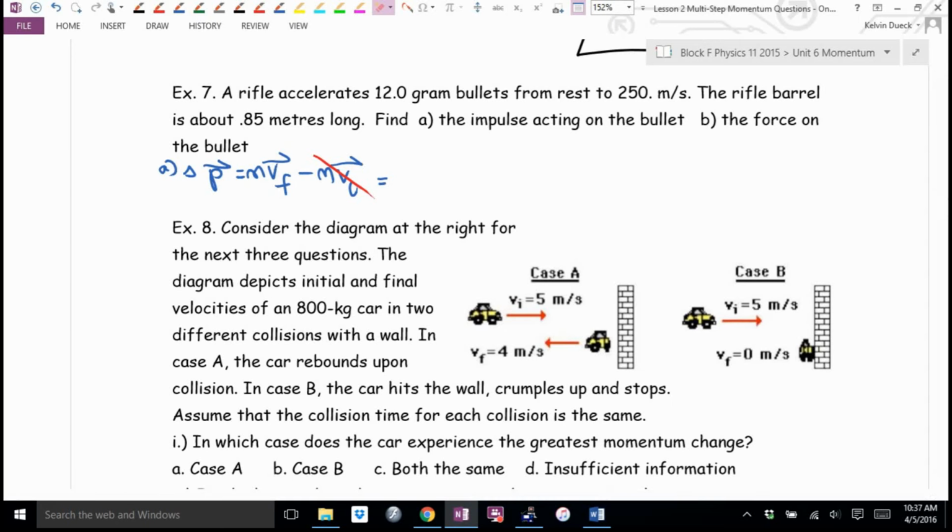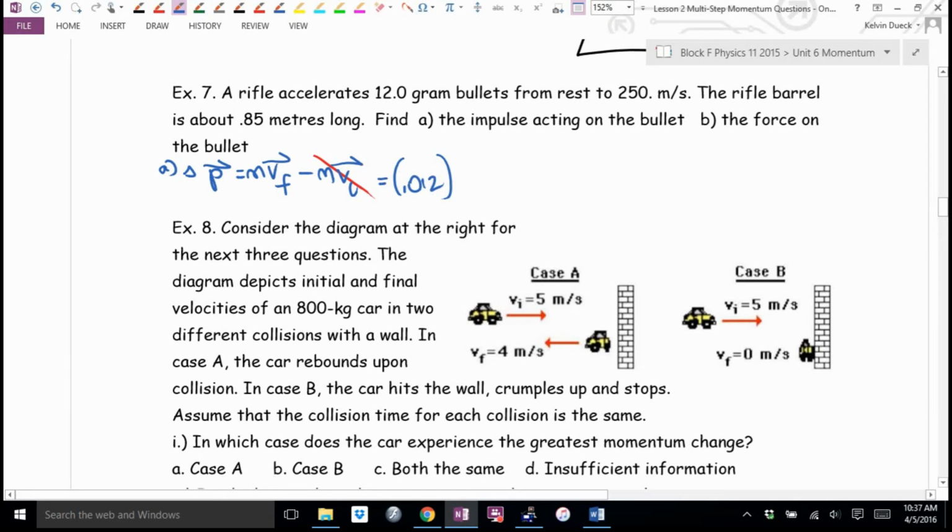We would call that a cannon, not a bullet. 12 grams. I'm also trying to sneak in some review, so here's some unit analysis. How do I go to kilo? What do I divide by? Divide by 1,000. So 12 divided by 1,000 is 0.012. Yes?